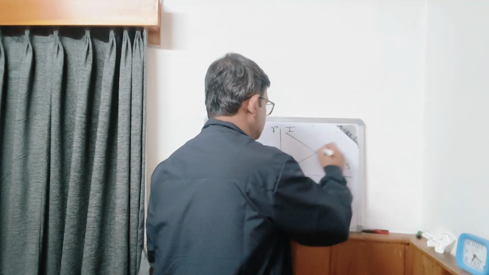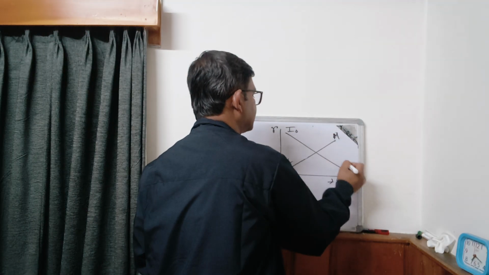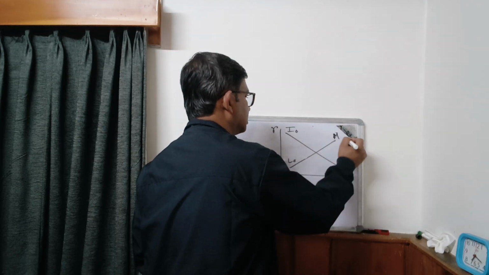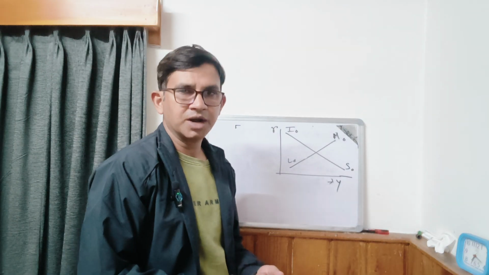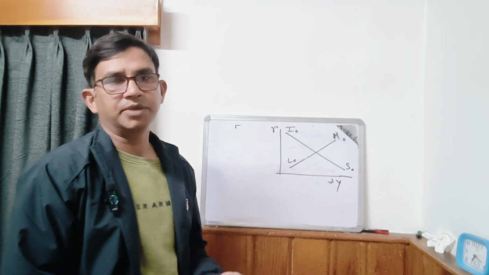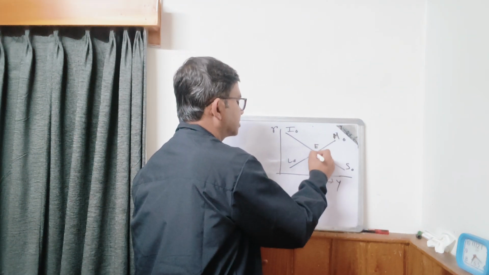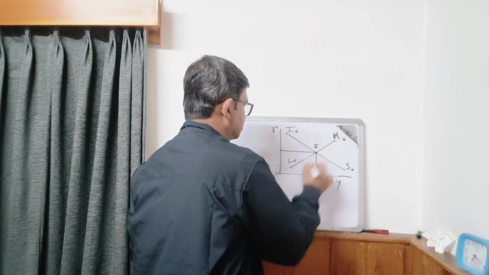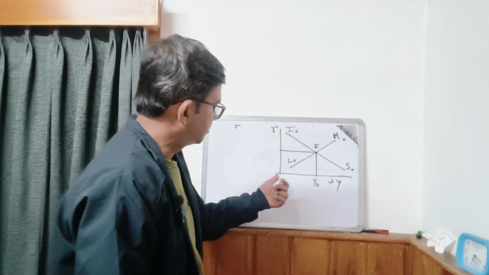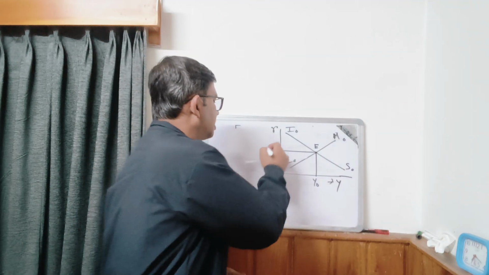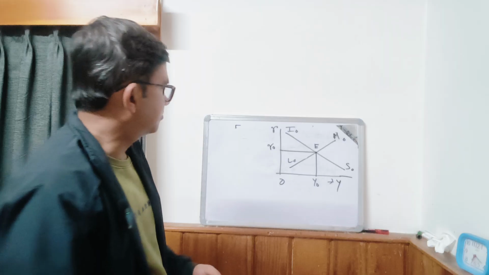And this is the LM curve, which represents the direct relationship between aggregate demand and rate of interest that maintains money market equilibrium. This is the point of simultaneous equilibrium, where OY0 is the aggregate demand and OR0 is the rate of interest.